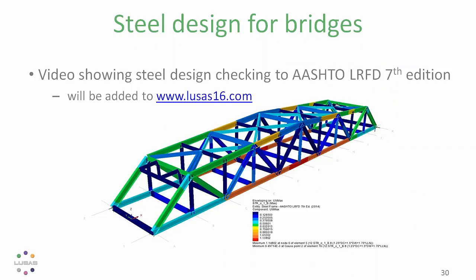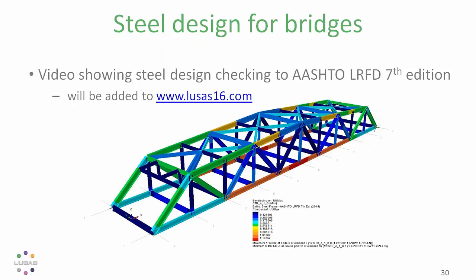Okay, so that completes the technical side of the presentation. Let's talk about what other content will be made available to you in terms of steel design in version 16. We had to choose a code of practice, obviously, for this presentation. We chose the Eurocode. We could have chosen the 3 others as well. What we have, or will shortly do, is load up onto our website a steel truss to the AASHTO LRFD code.